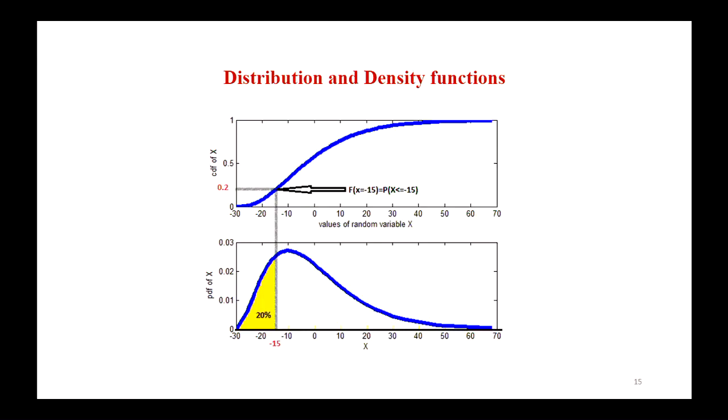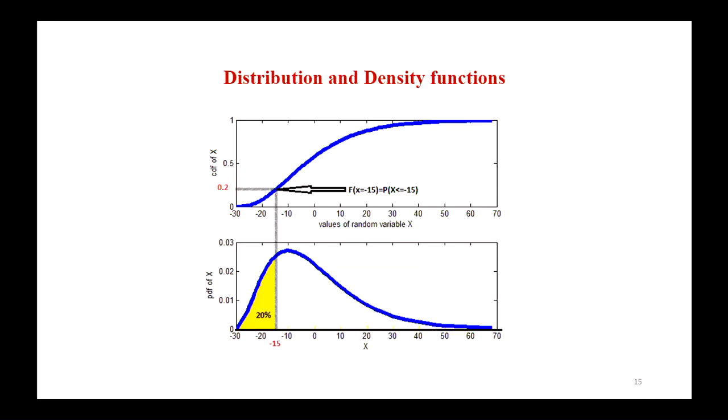And so here, for the CDF at this point, we look at the point minus 15, so that's the probability that x is less than or equal to minus 15. We take the same point on the PDF down here, and we integrate from minus infinity, and here we would get 0.2.